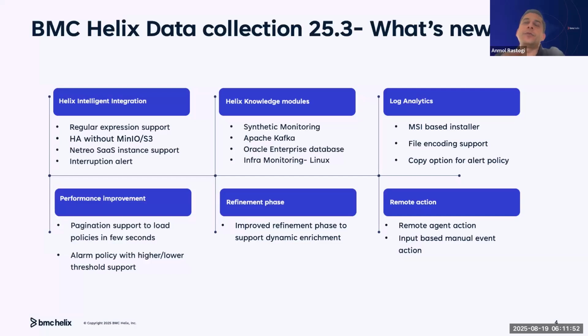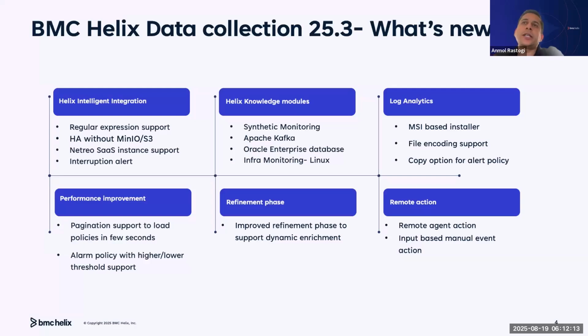That kind of support was earlier there in the advanced enrichment, but customers wanted this support in the refinement phase. The reason for this is that before the blackout phase gets executed, customers wanted to do enrichment and add nodes into the event.